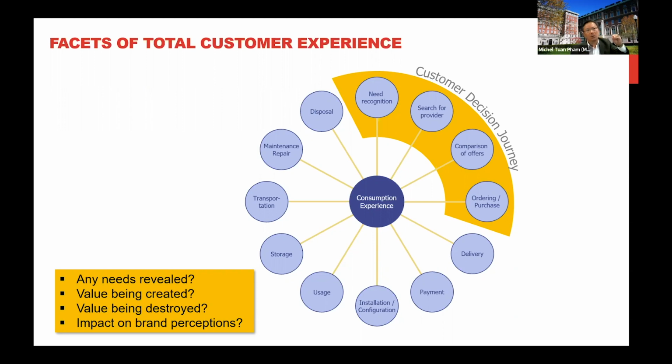Okay? When Amazon gives you a reminder that your package is about to be delivered, they have created value from the delivery stage of the entire experience, right? But not only you need to monitor whether value is created, you should also monitor and realize that sometimes the value is being destroyed at certain stages.